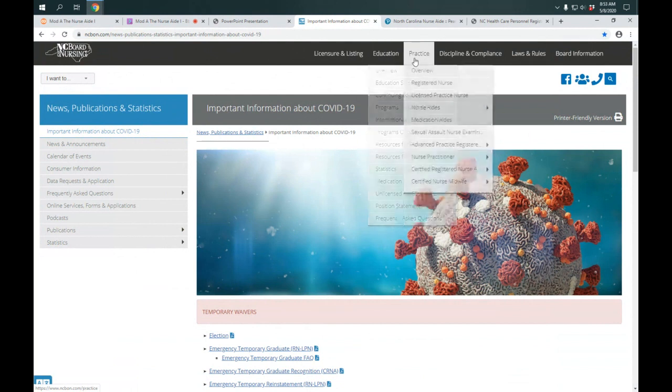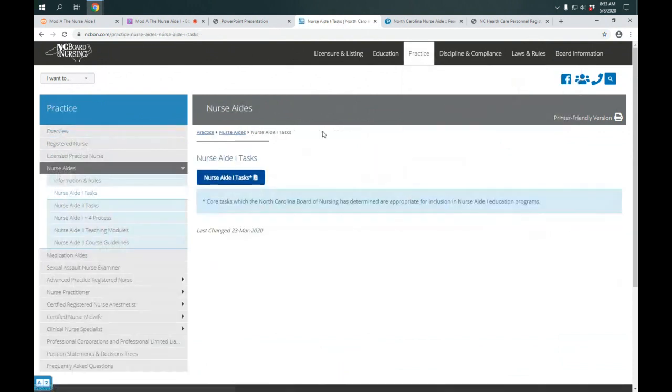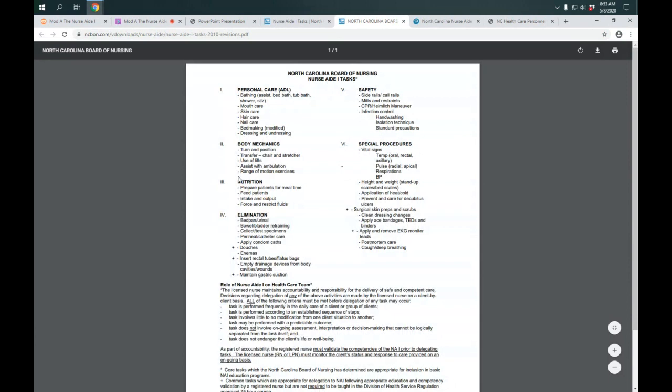If you go over under practice, you'll see there are nurse aides. There's not a whole lot else about nurse aide ones on this particular website, because they leave that up to the Department of Health and Human Services. But you can come right here and see that they have a place you can go to for tasks, and it'll show you exactly what your range of function is, what you can and cannot do.